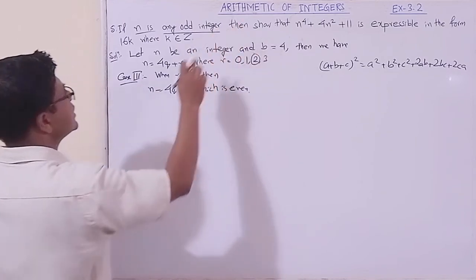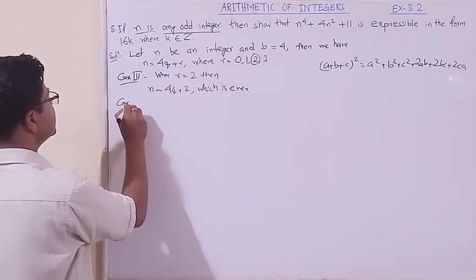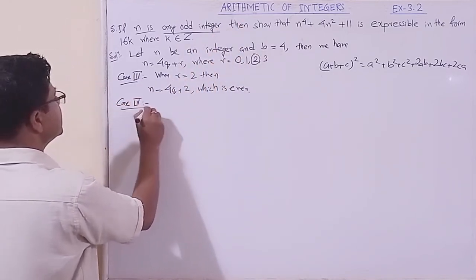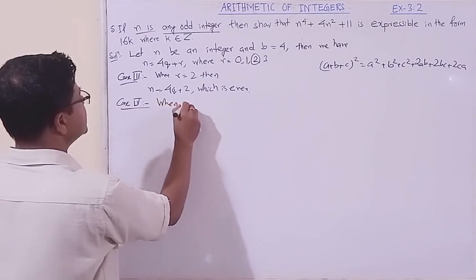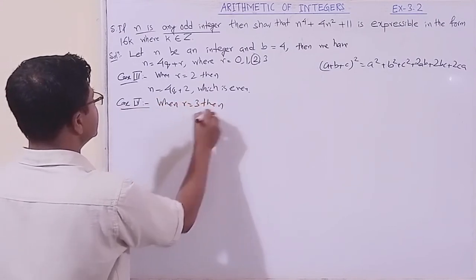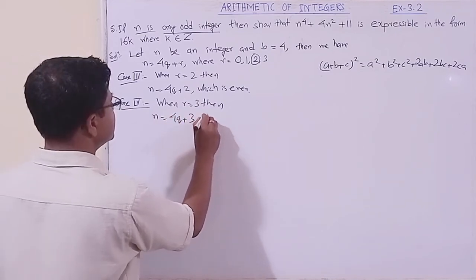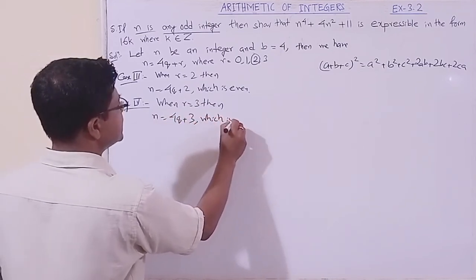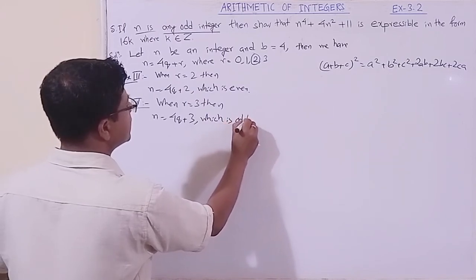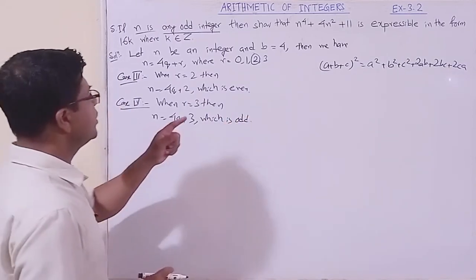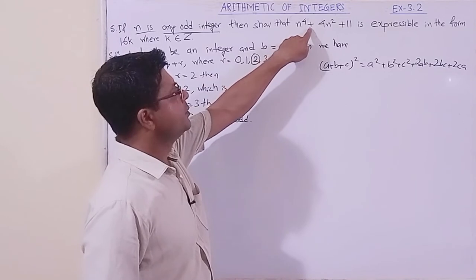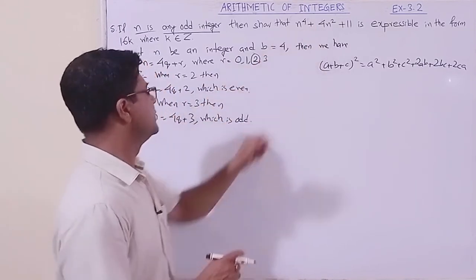But we have to take all the odd cases. Case 4: when r is equal to 3, then n is equal to 4q plus 3, which is odd. So if it is odd, then we have to substitute n here.